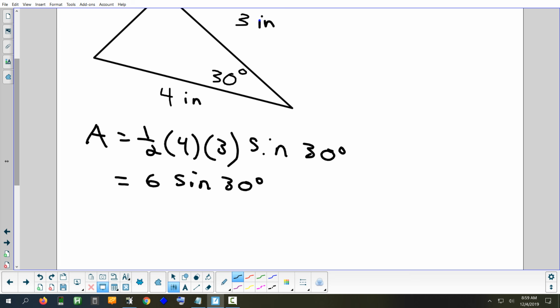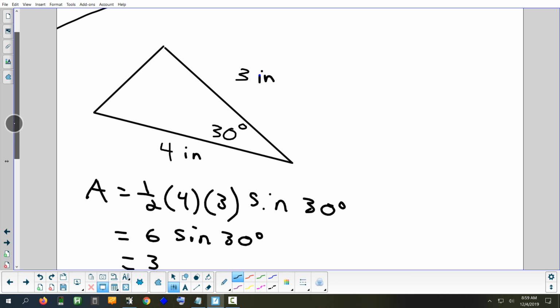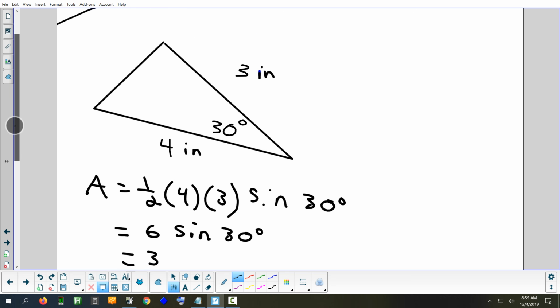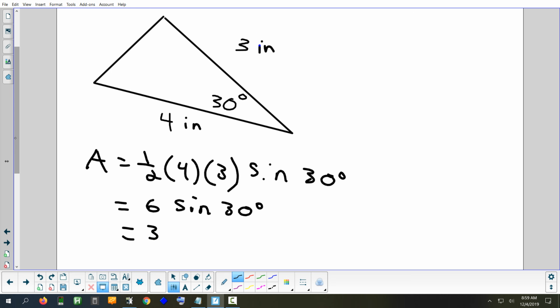So it's half of the number in front, so 1/2 of 6 gives me 3. And this time I have a label of inches. So what's going to be my final answer? 3 inches squared. Okay. That's it. It's very, very, very simple. Very different from what we're going to do the rest of the week. Just plug into a formula. Okay. Any questions up now?